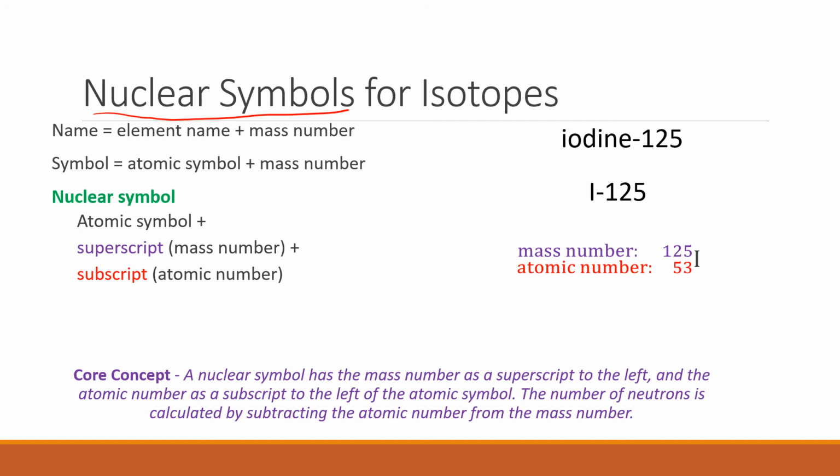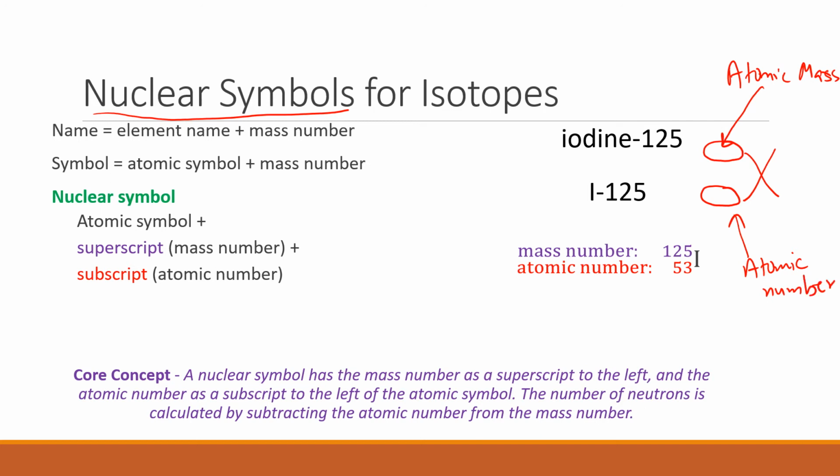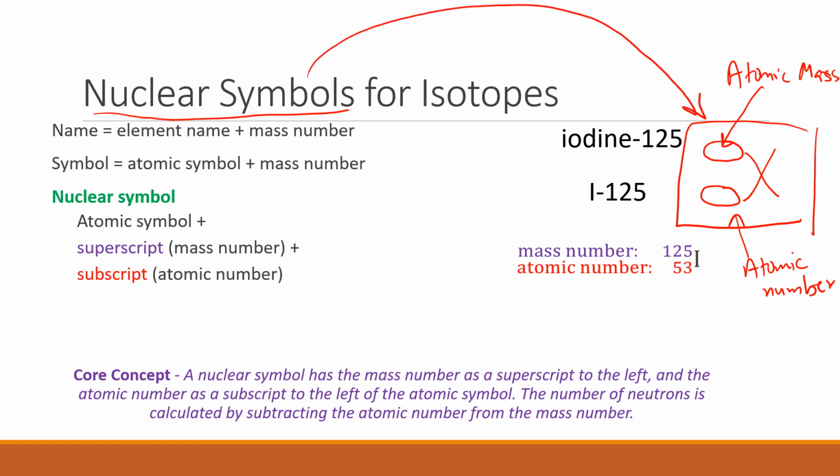If this is the symbol for the element X, the mass number or atomic mass goes as a superscript on the left-hand side of the symbol, and the atomic number goes as a subscript. This kind of representation is known as a nuclear symbol.